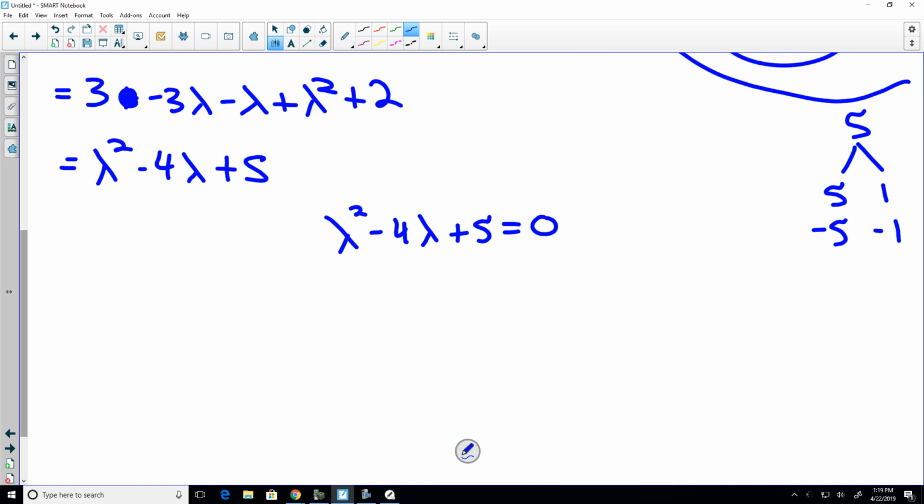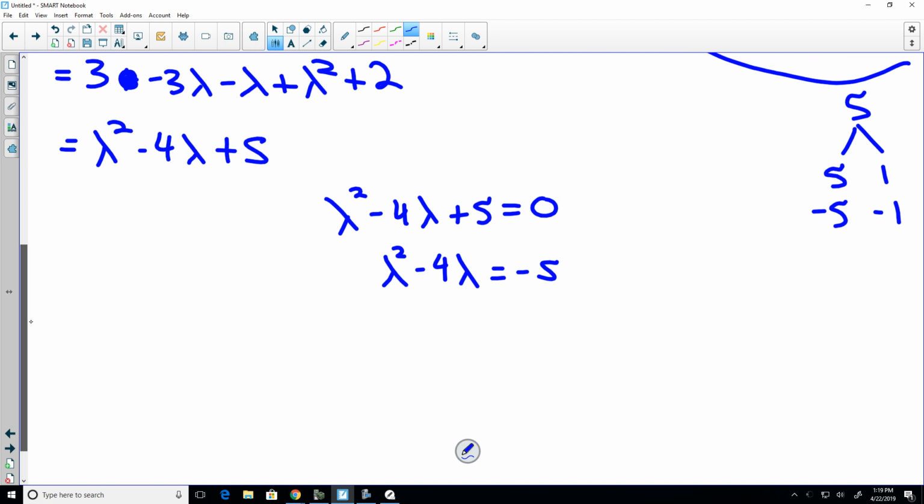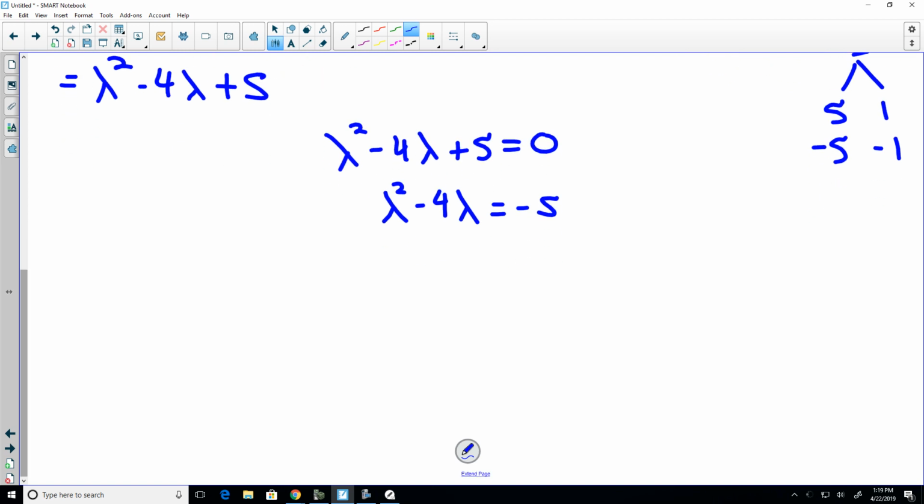So we'll solve it using our tried and true method. Complete the square. I'm going to add b over 2 squared to both sides. So b is -4. What's b over 2? -2. We square that, we get 4.